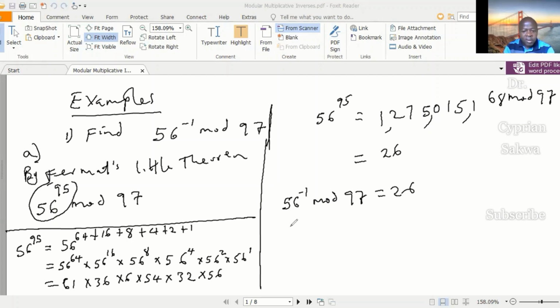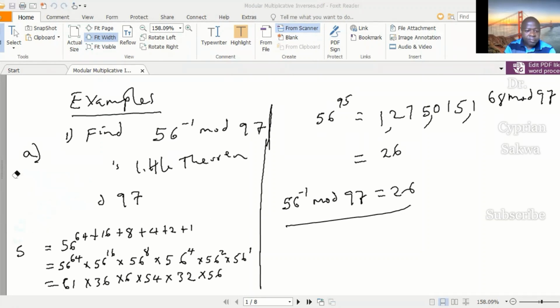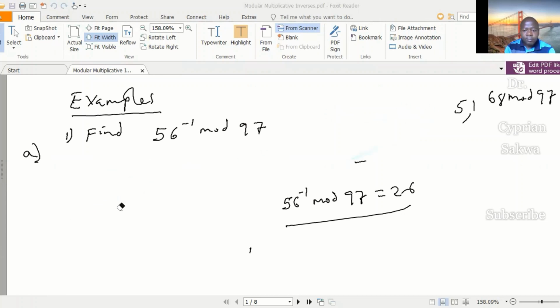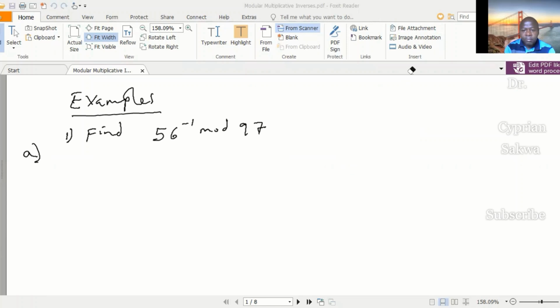So using Fermat's little theorem, this is what I find as the inverse. Let me use the Euler theorem. Let me erase and use the Euler theorem.